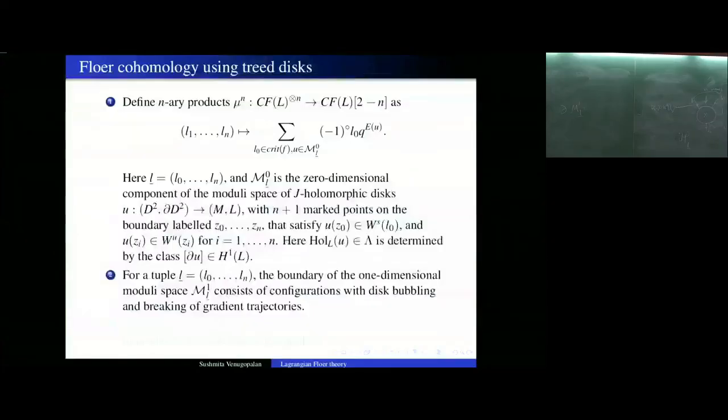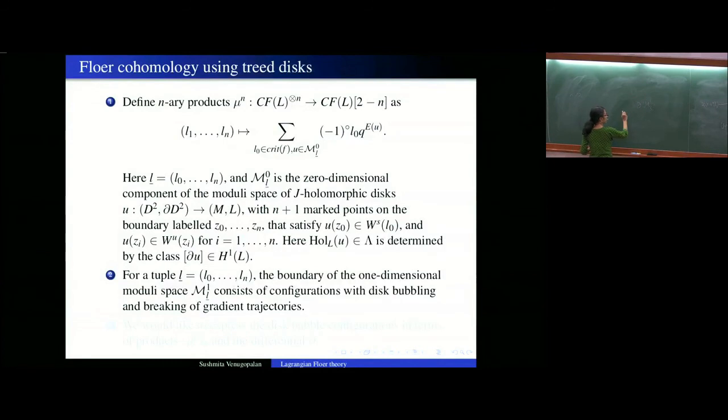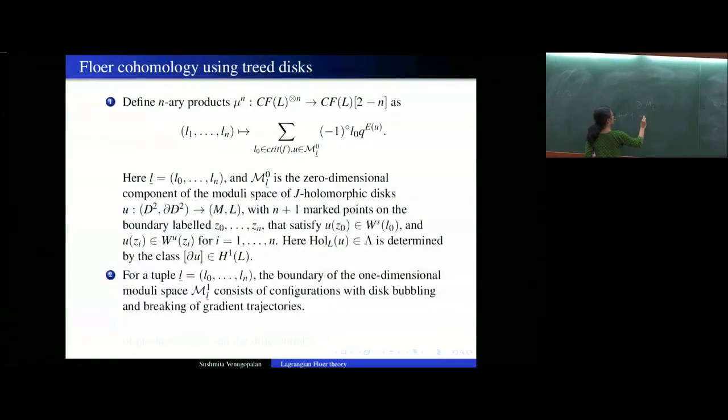So let me maybe draw a picture when n is just 2. Then this would be a count of configurations. So one of the gradient trajectories might break, or we can have a disk bubble at whichever location.